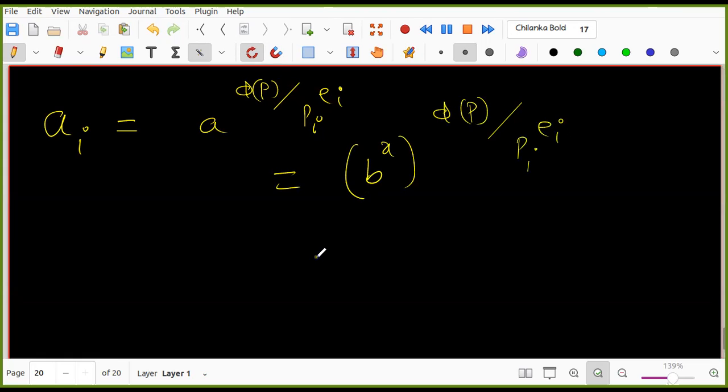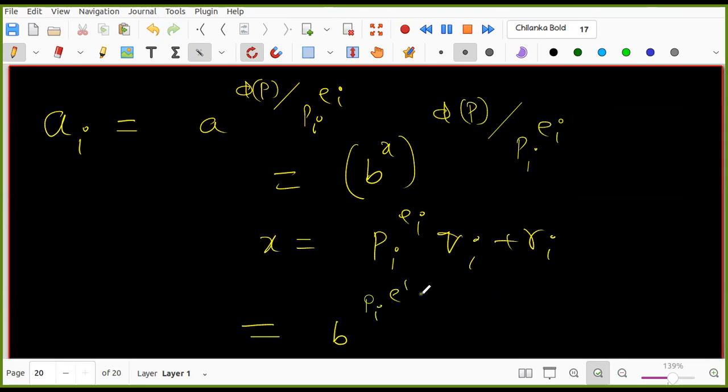Now we can write X is equal to pi power ei times qi plus ri, the remainder by the division algorithm. So now this becomes B power pi power ei qi plus ri, all raised to phi of P by pi power ei.